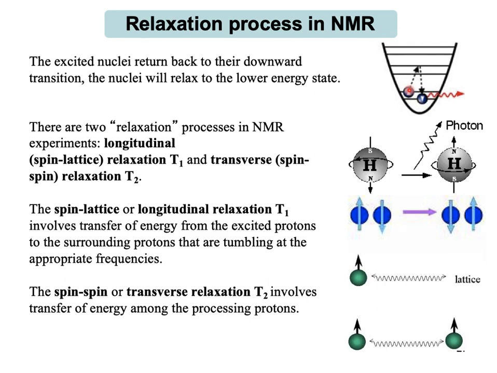There are two types of relaxation process in NMR. One is the longitudinal or spin-lattice relaxation, which is T1, and the second one is transverse spin relaxation, which is called T2.